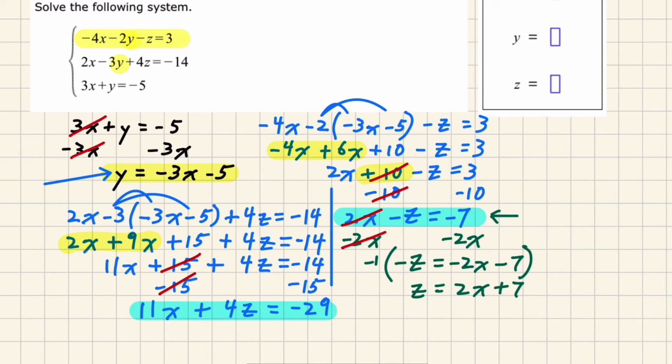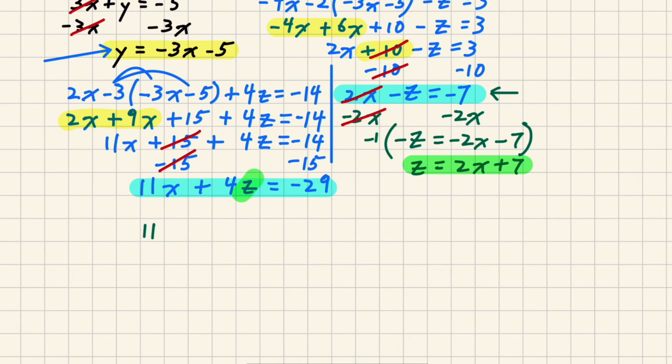This is now the key to removing z from the other equation, replacing this z with the equation where we've just solved for z gives us an 11x plus 4 times z, which we now know is 2x plus 7 equals negative 29.